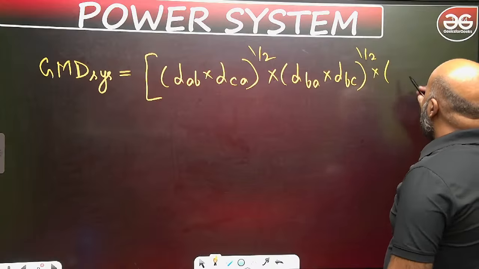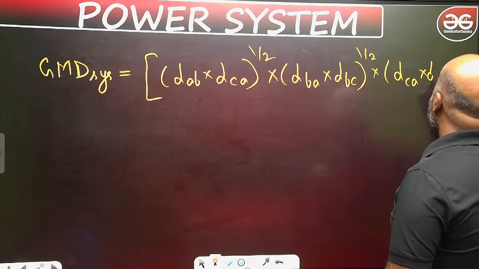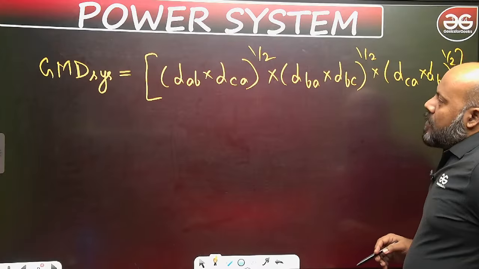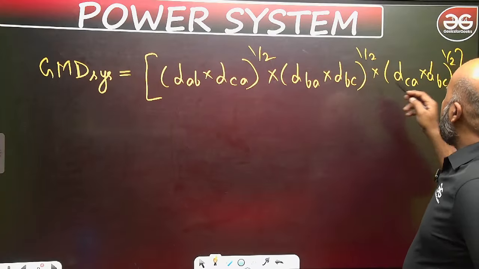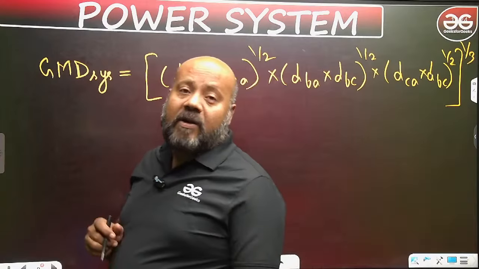And then GMDC, that is DCA or DBC, power 1 by 2. So there are 1, 2 and 3. So power is 1 by 3. This is how we were calculating the GMD system.